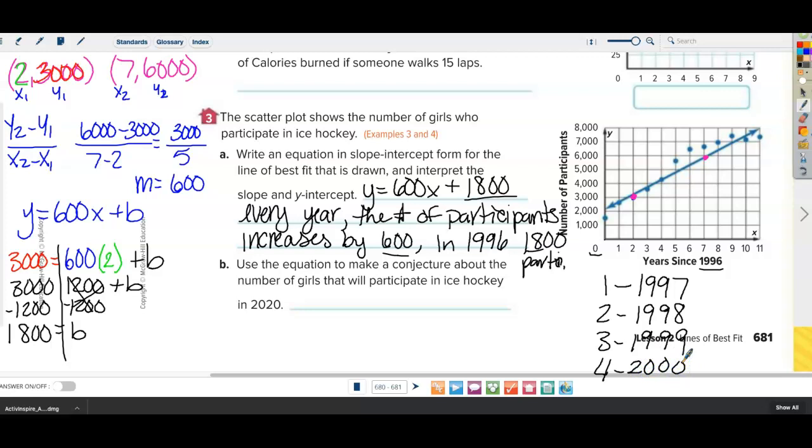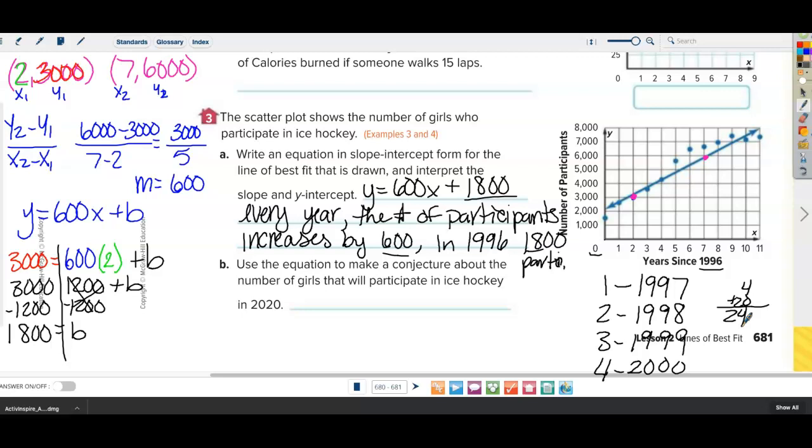So, if 4 represents 2000, 20 years after 2000 would be 2020. So I need to add 4 and 20 to see the value of x for 2020. So the value of x is 24 in 2020.